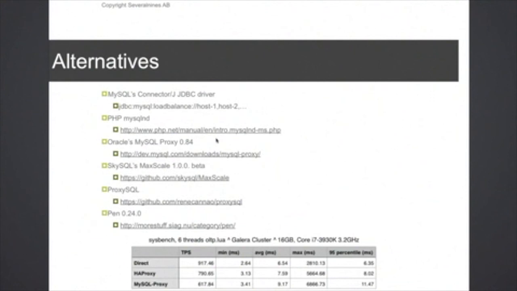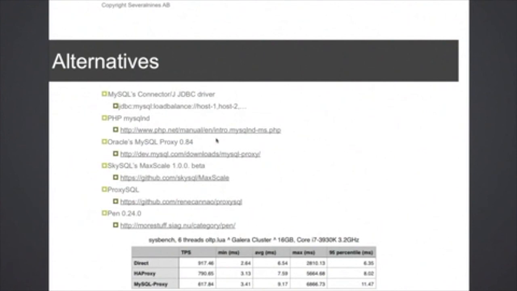You can script it using Lua, for example. But those are more specialized for MySQL. Performance-wise, I think you get the best performance out of HAProxy because it does one thing really well, and that's just distributing the connections that are coming in.